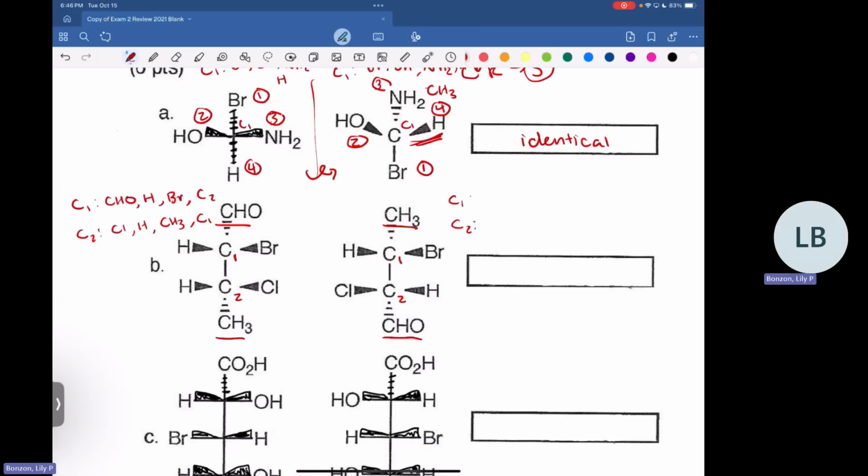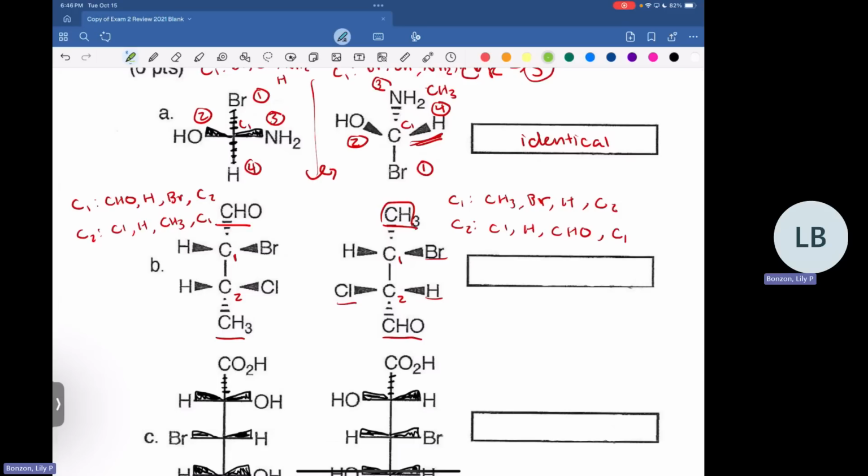For carbon 1, we have a CH3, we have a bromine, hydrogen, and carbon 2. And then carbon 2 has a chlorine, a hydrogen, and carbon 1.